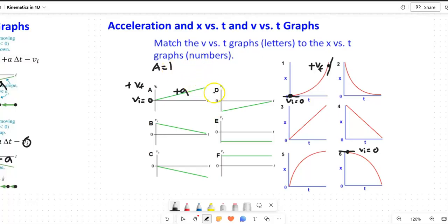Okay, let's try D. Actually, let's try B. So this B starts off with a positive initial velocity, and then in the end, its final velocity looks like it's going to be equal to 0. And the slope of this line is negative. So we want to look at something that has a starting positive initial velocity. Well, this one has a positive initial velocity, and we also have here a positive initial velocity.